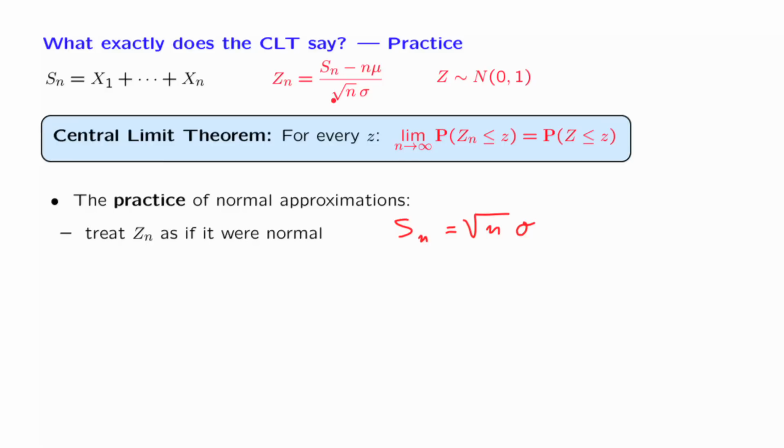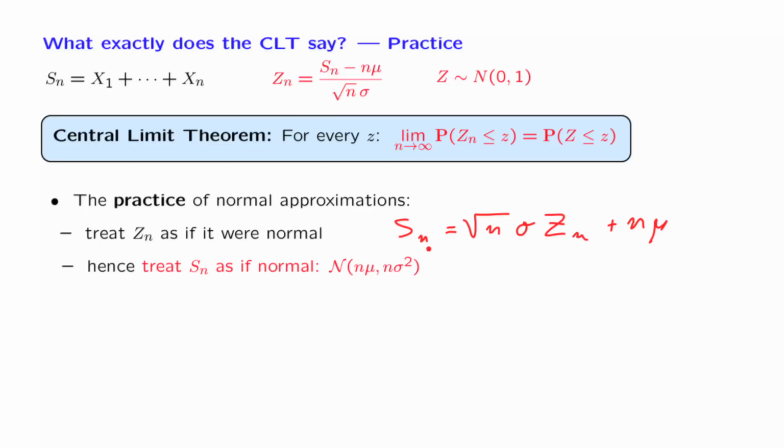Namely, the definition of Zn gives us this formula. So Sn is a linear function of Zn. If we pretend that Zn is normal, and since linear functions of normal random variables are normal, this means that we will also pretend that Sn is normal.